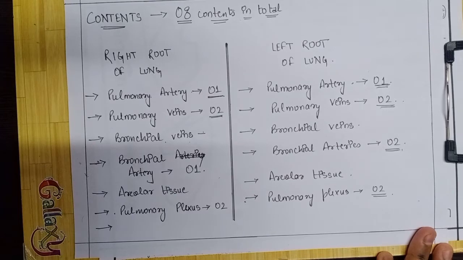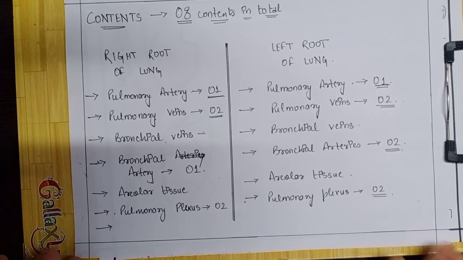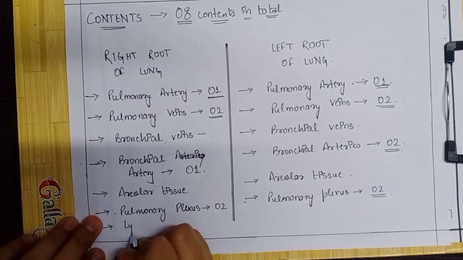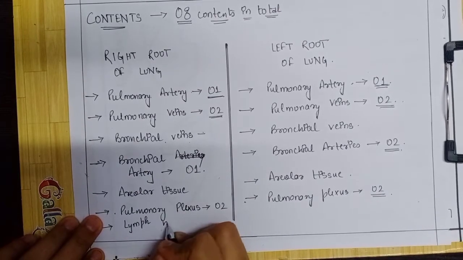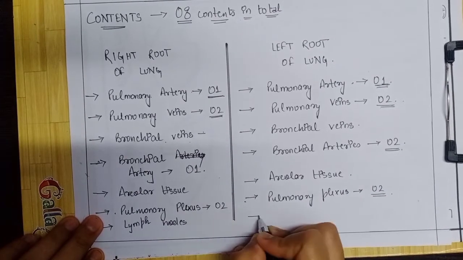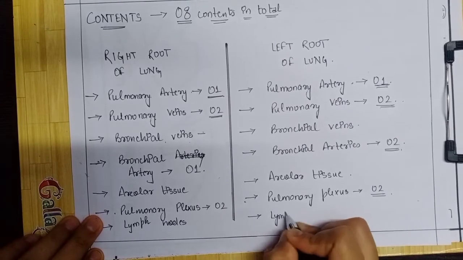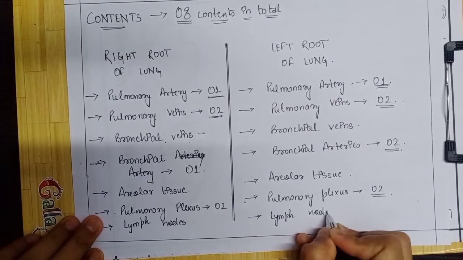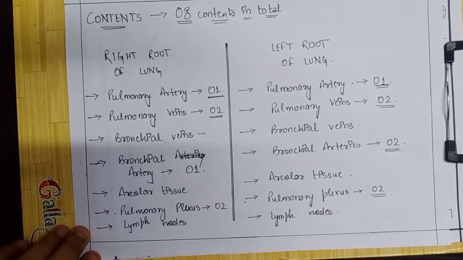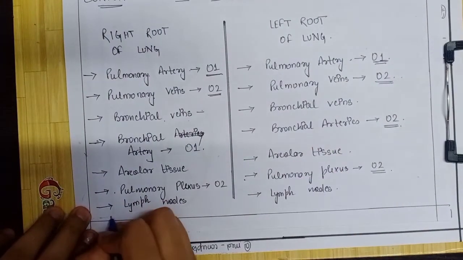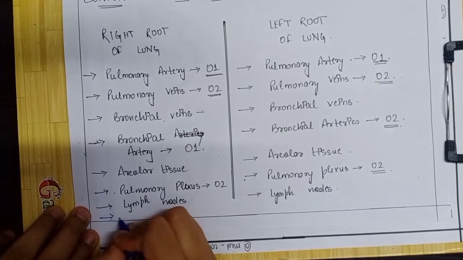Now there is one more thing which is common and only one thing which is uncommon over here. So the 7th one is lymph nodes. We have lymph nodes on both the sides, okay? Both on right side and left side. And the last one, which is the uncommon one, I will write it with the blue pen, is the bronchus.